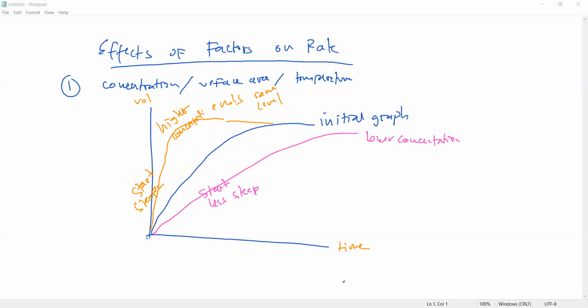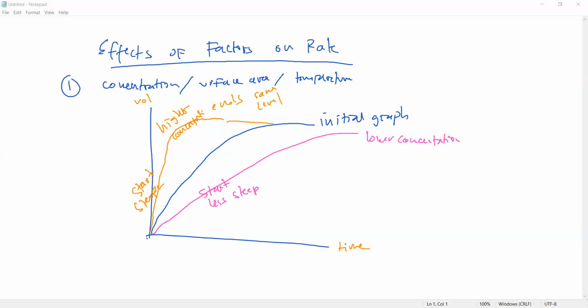They're going to go faster initially, but we're going to end up at exactly the same position in the end. So higher concentration or surface area or temperature. By the way, how do we have more surface area? We can have more surface area if the particles are smaller. So powder will have more surface area than lumps, for example.